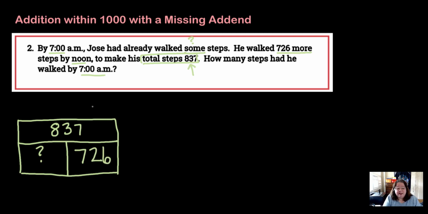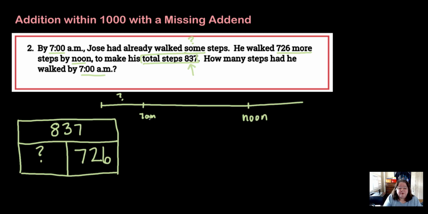Another way of looking at this is sometimes it helps to visualize things on a timeline. Let's just call that midnight. By 7 a.m., he walked, we don't know how many steps. At noon, he had walked from 7 a.m. to noon, he walked 726 steps.